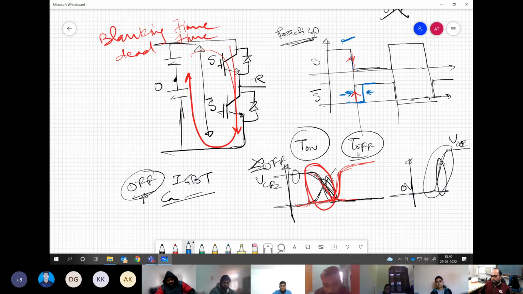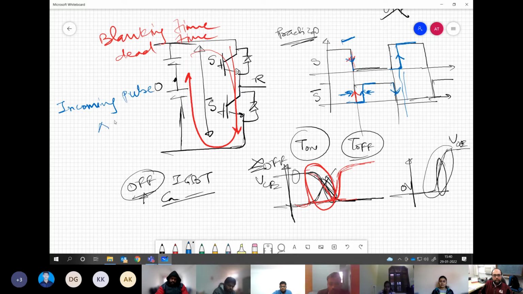We ensure that there is a gap between the falling edge and the rising edge of the next device. Understanding my point? Yes. Again, when this device is going off and this is going on, we will delay this device. The incoming device is always delayed. So always the incoming pulse is delayed by a certain time.